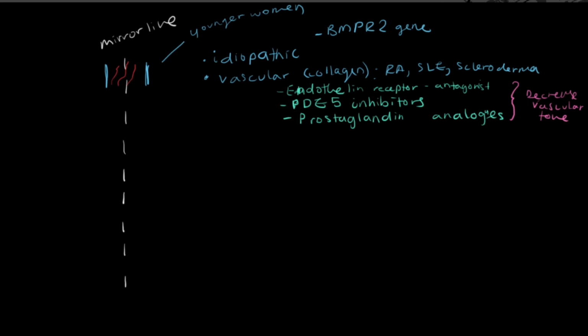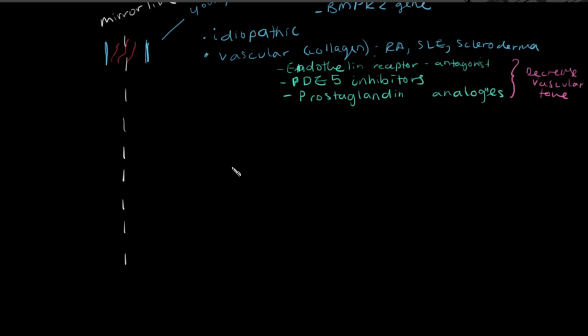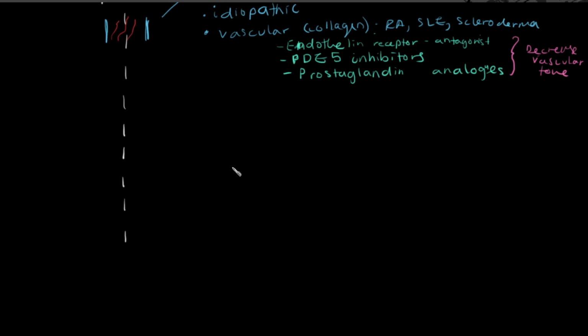So now on to number 2. If we just draw the number 2 next to this line for the second classification of causes, and we mirror it badly, what we're left with is what looks like a heart. And this is left heart disease. So this is pulmonary hypertension caused by left heart disease.